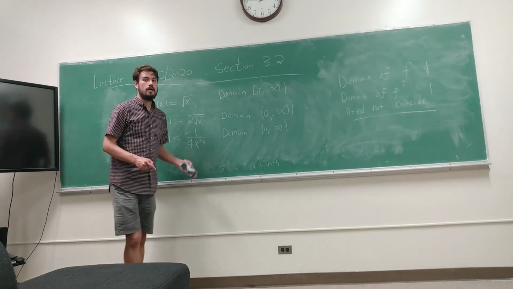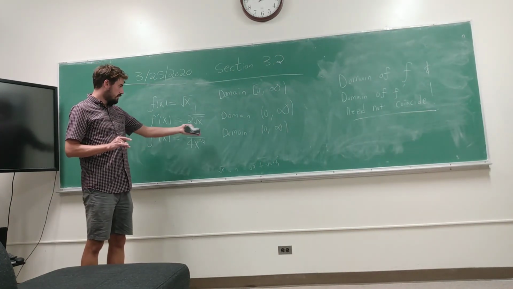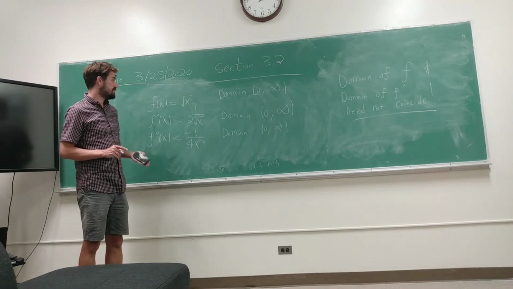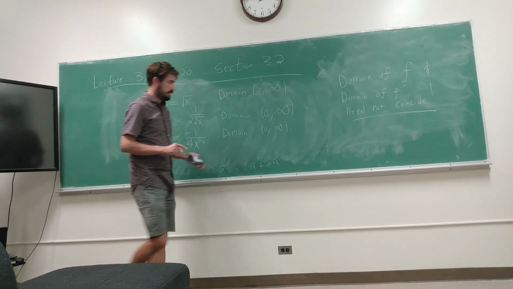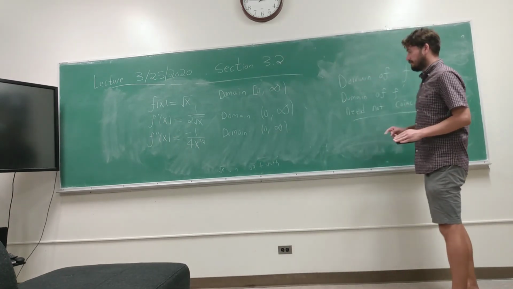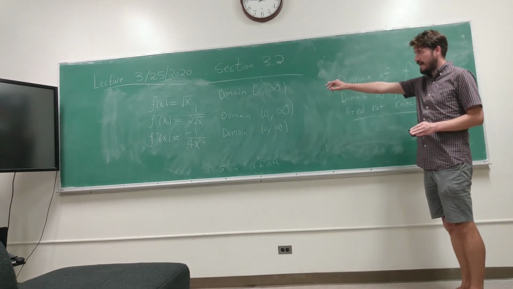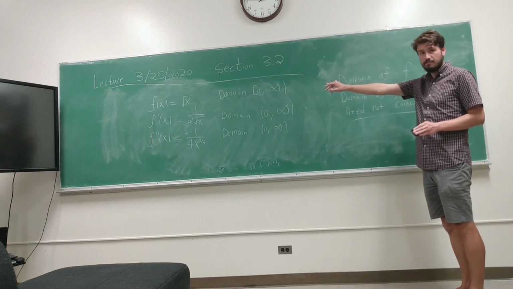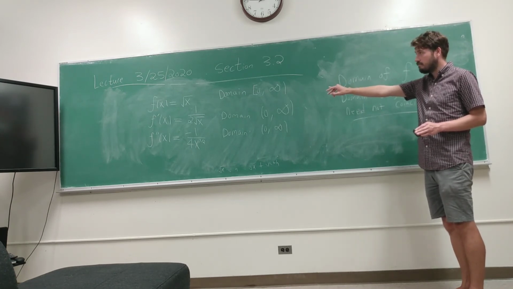Now, what could this represent? What's an interpretation of this? Well, let's say the function represents distance and x represents time.